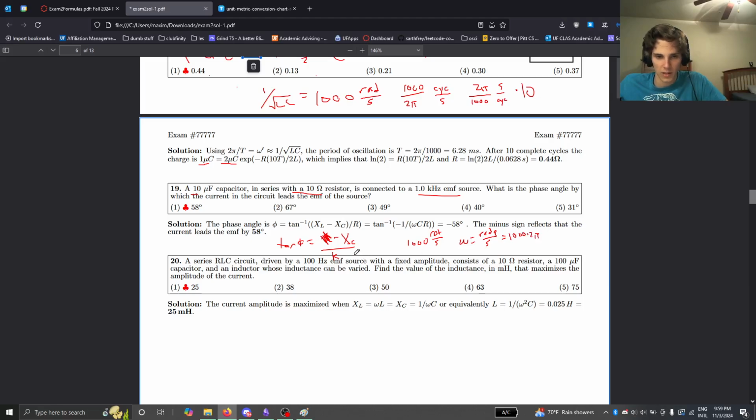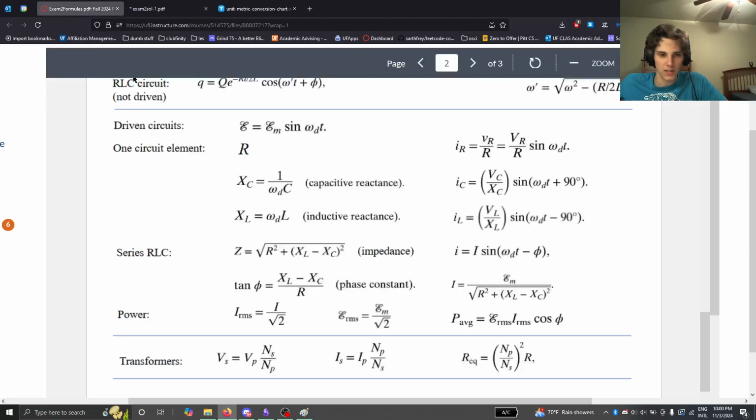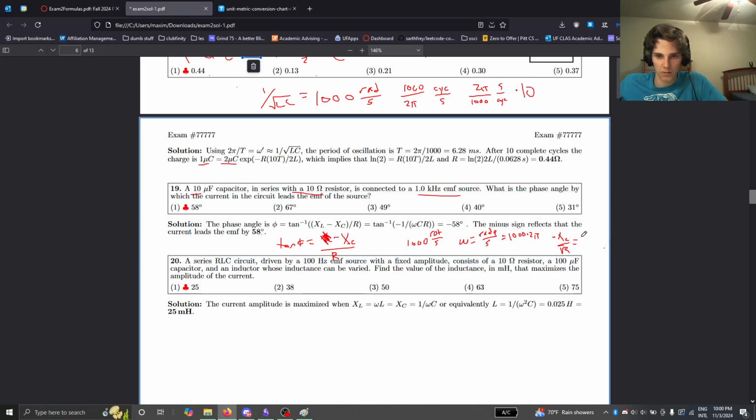We're solving for negative XC over R. What the heck is this? I wrote k? R. And XC is equal to 1 over omega C, so what we really are solving for is negative 1 over omega C R.